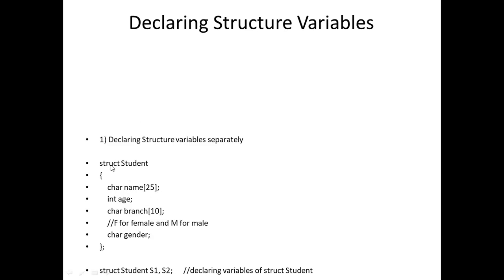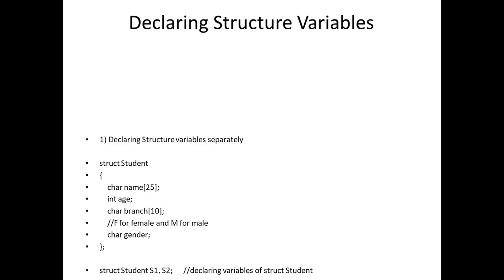After this structure declaration, if you want to create variables of type student, we have to give the struct keyword and the name of the structure, student. Here s1 and s2: I am going to declare two structure variables of type student.